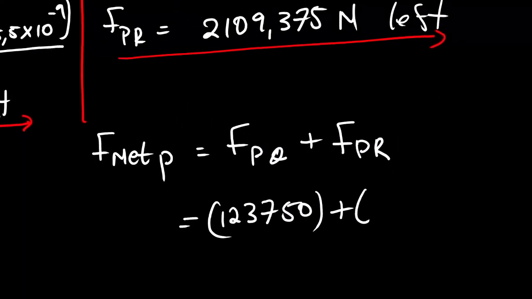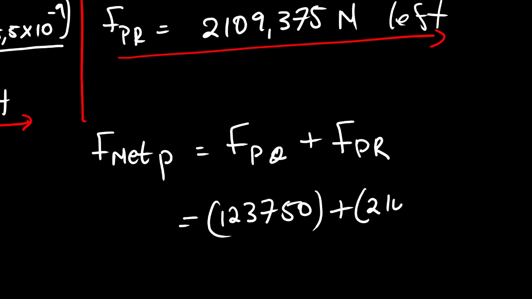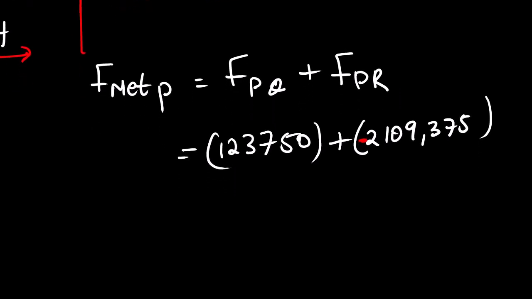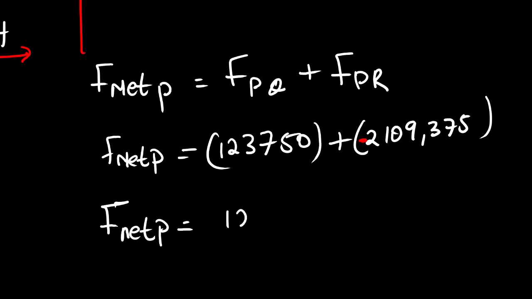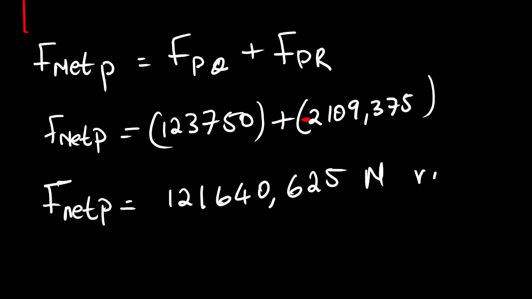And then this one is to the left, which is 2109.375, and it is negative because it's to the left. So the difference of the two is equal to 121,640.625 newtons to the right, since it's positive.